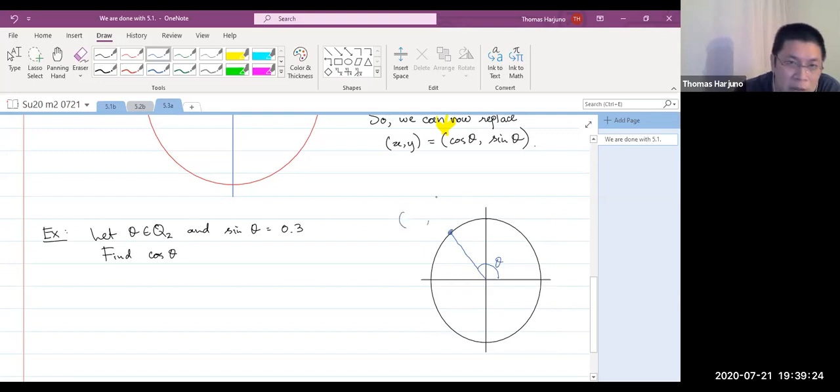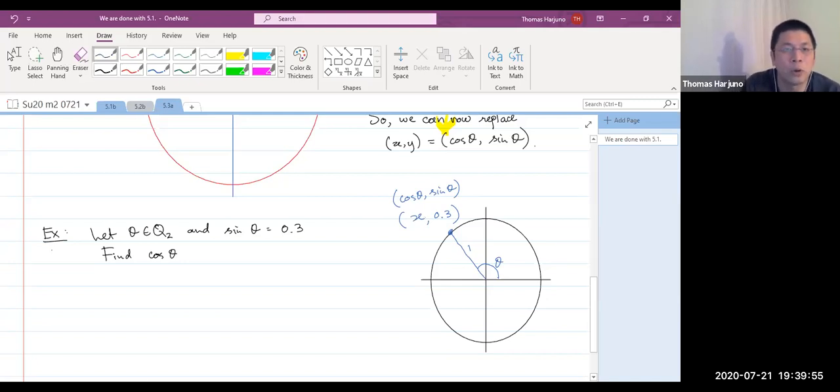But sine in a unit circle gives us the y. Now the question is, what is the cosine? We can apply the Pythagorean theorem here. Just find the x, and whatever that x is, that will be your cosine theta.